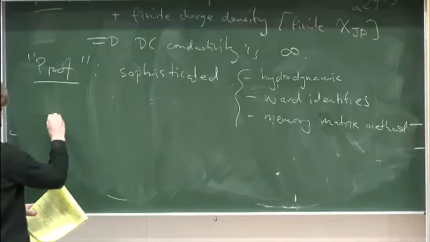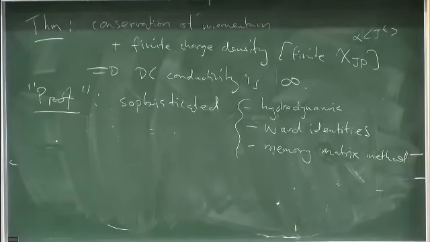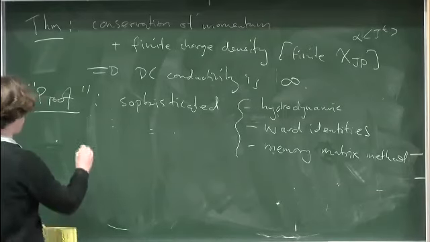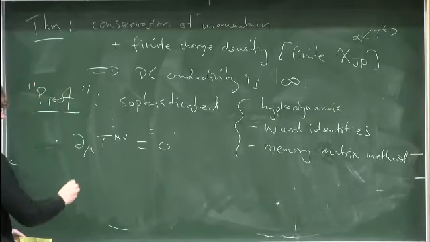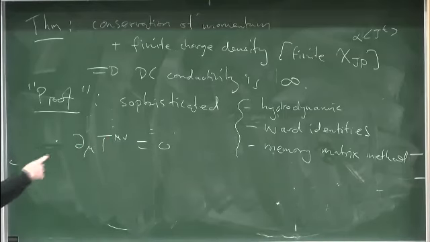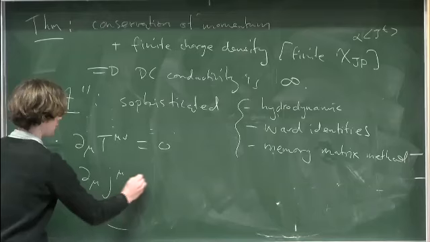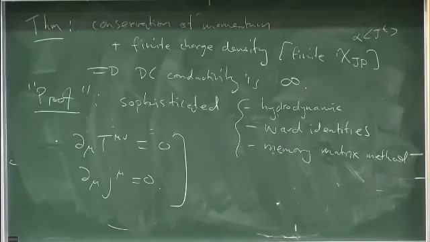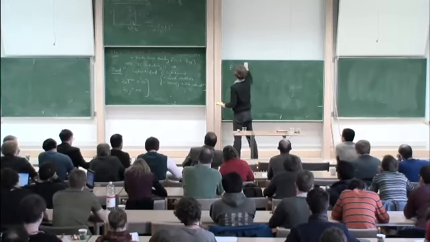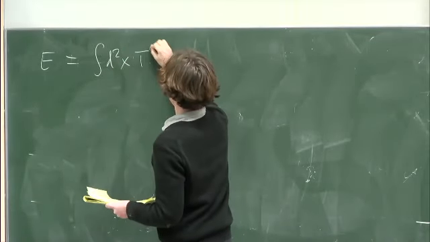So what's the idea? First we have to keep track of what quantities are conserved. There's going to be an energy-momentum tensor that's conserved. This doesn't mean the theory is relativistic. You can write the conservation law like that, and there's also a current that's conserved. Out of these currents, we can build some conserved quantities. There's the energy, the integral of T00.